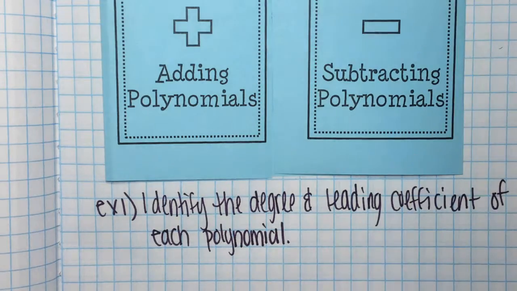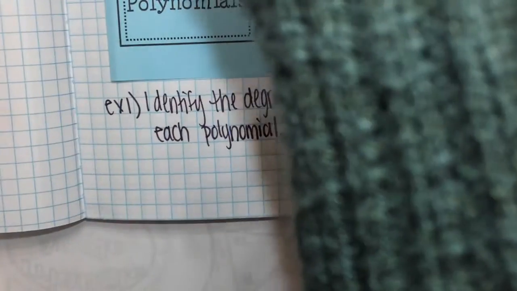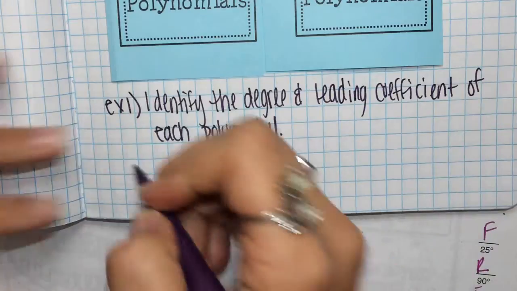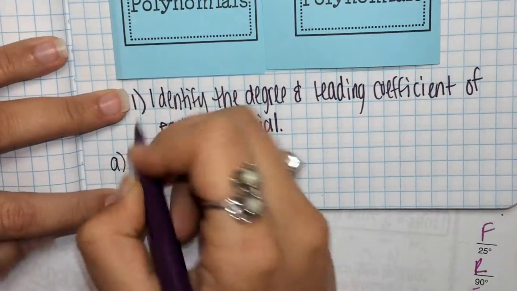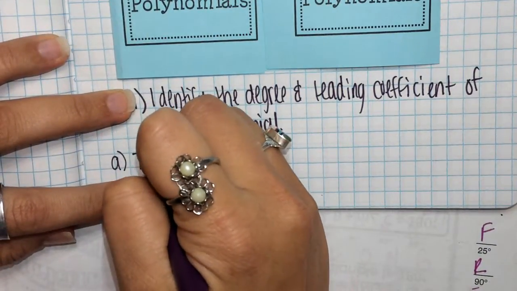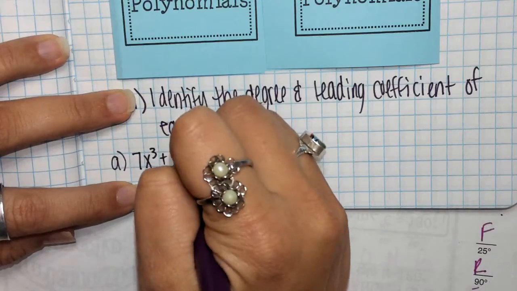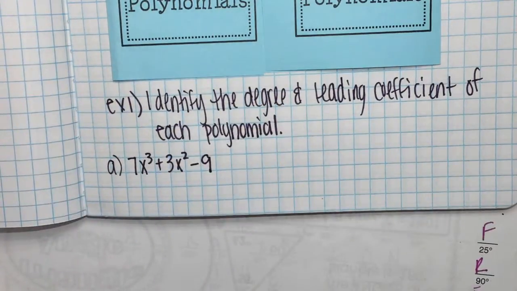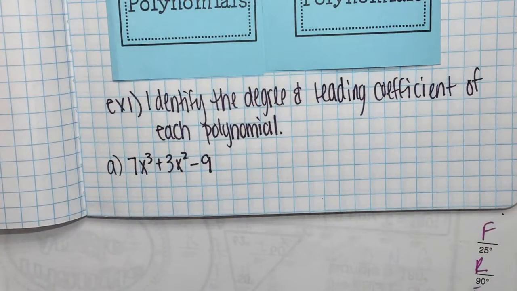Are we ready for the chaos? It's really not that difficult. Okay, so for our first one, and tell me what kind of polynomial it is. Let's go crazy.